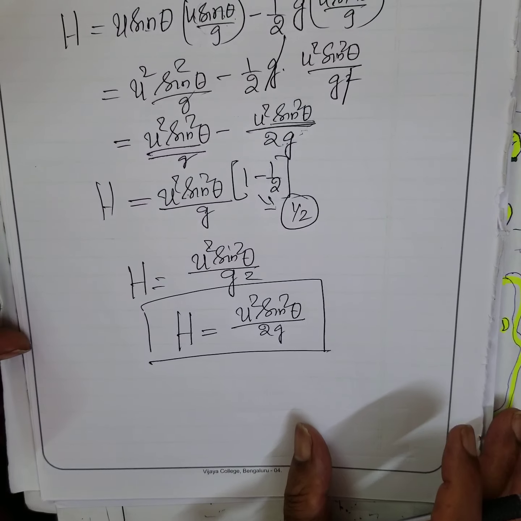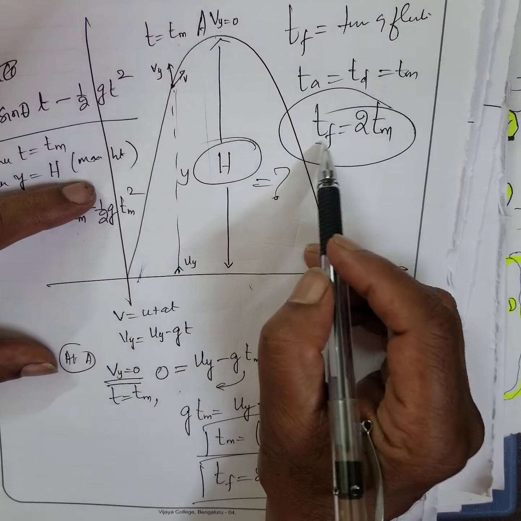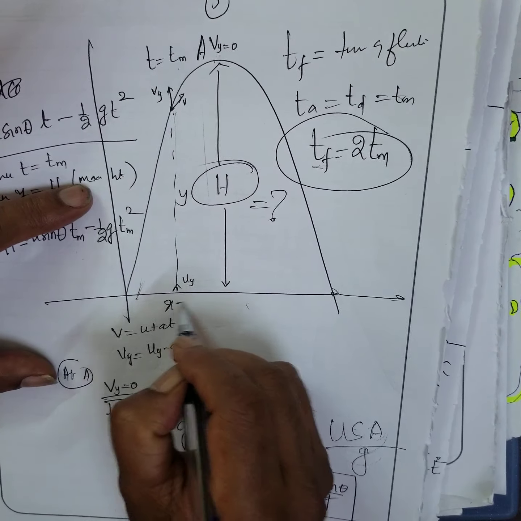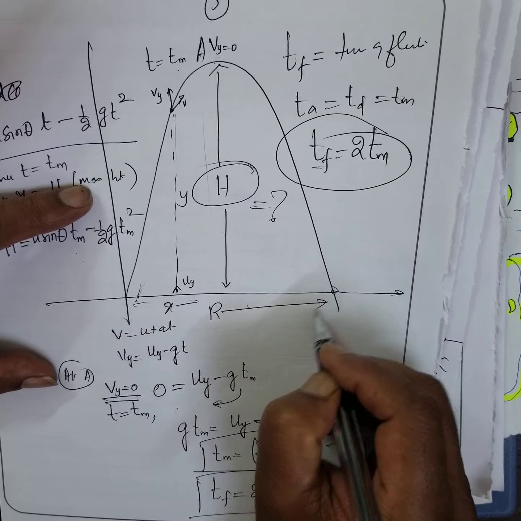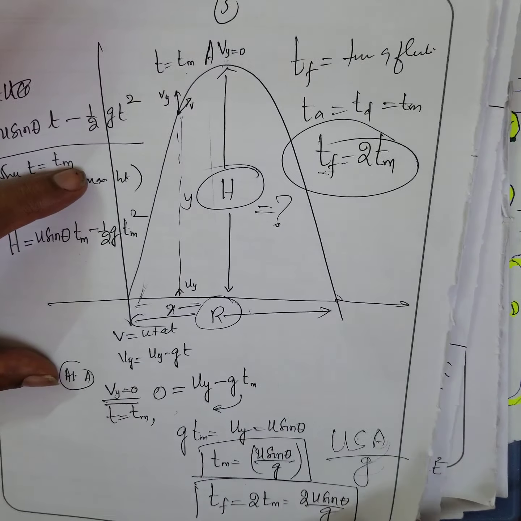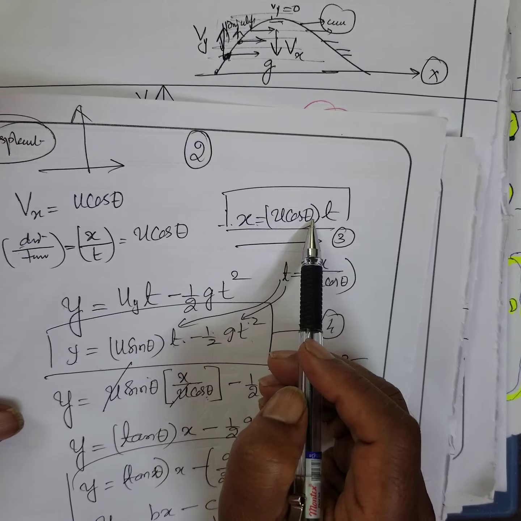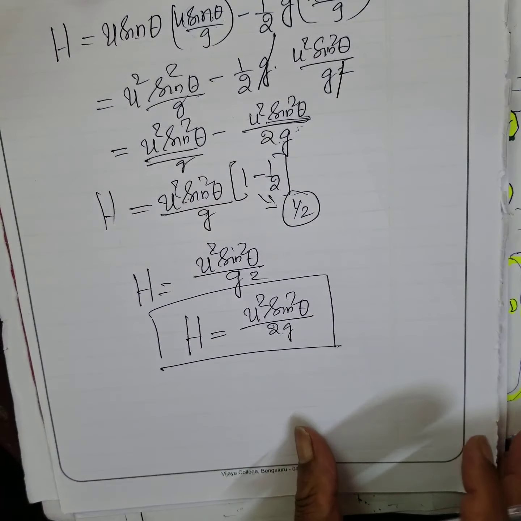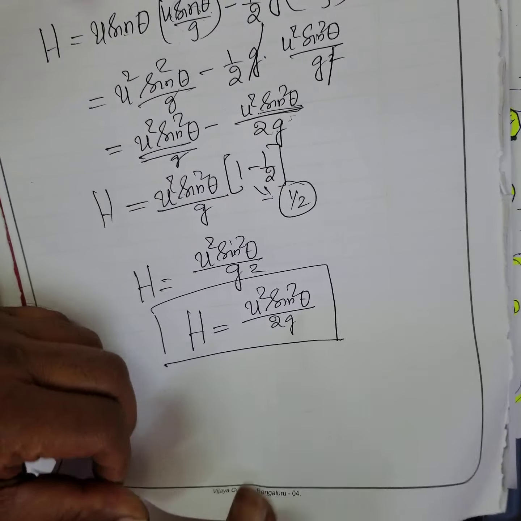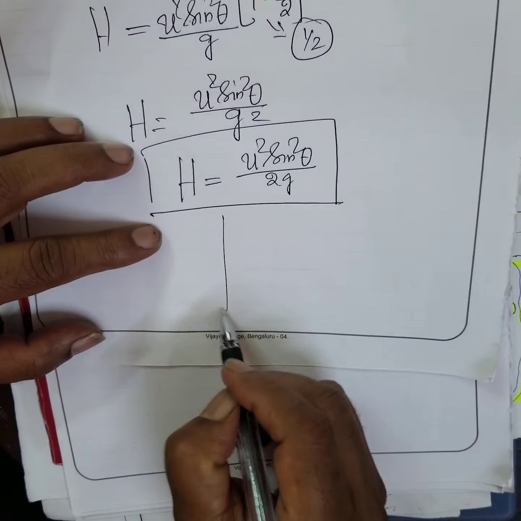I got it. Now, when t is equal to tf, what happens? X gradually reaches the range, is it not? Therefore, here, what is the horizontal displacement? X is equal to u cos theta into t. Therefore, all these things you have to imagine. See here itself.